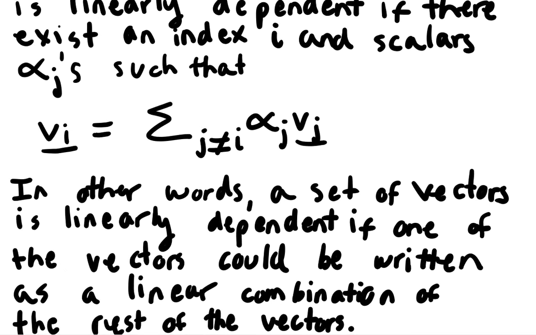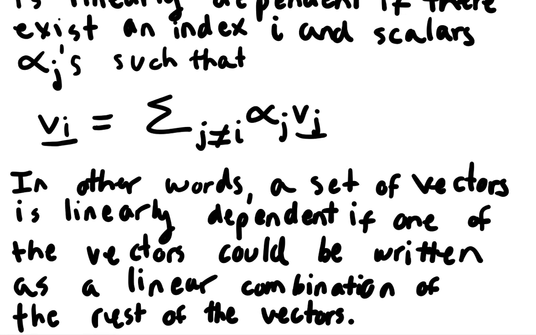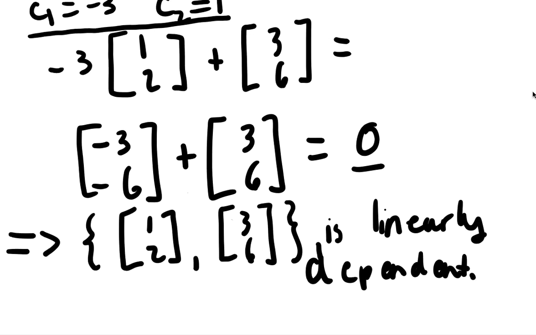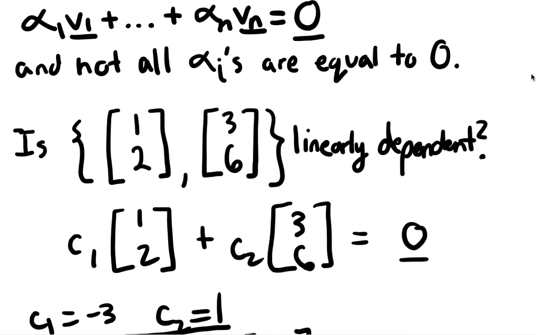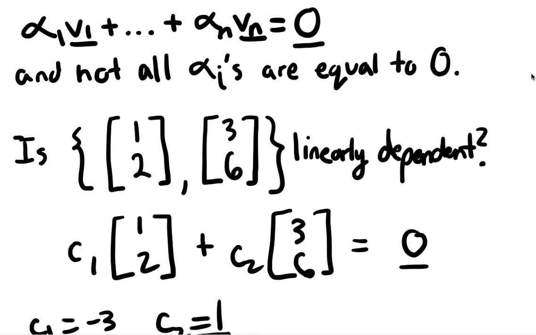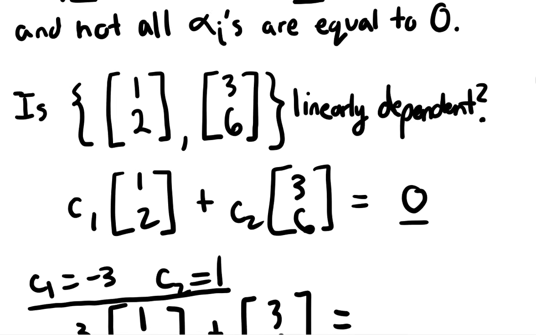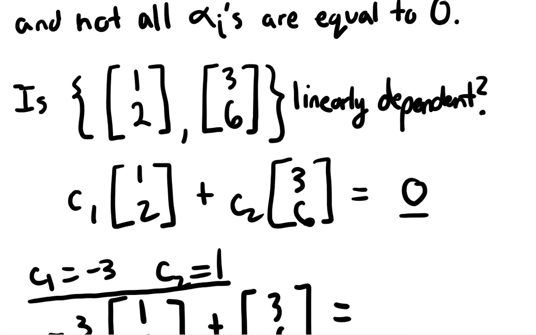In other words, a set of vectors is linearly dependent if one of the vectors can be written as a linear combination of the rest of the vectors. Back to our first example, 3, 6 is a multiple of the vector 1, 2. If you multiply 1, 2 by 3, you get 3, 6. So you can represent the vector 3, 6 as a multiple of the first vector 1, 2.